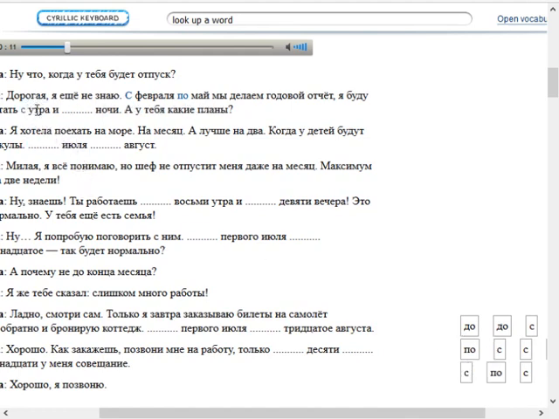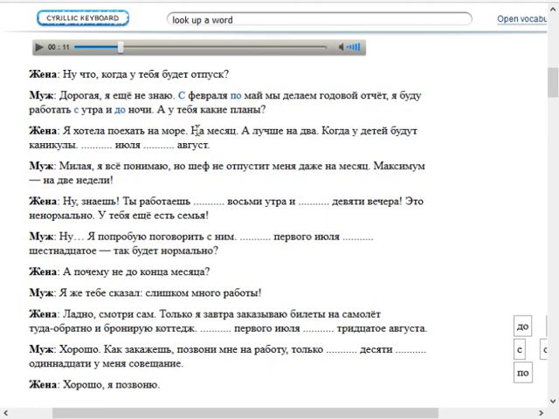So с утра и до ночи. So again, like we just saw in the list below, when you're talking about months, you use с по, but if you're talking about times of the day, you use с до. So я буду работать с утра и до ночи. I will work from morning and until night.